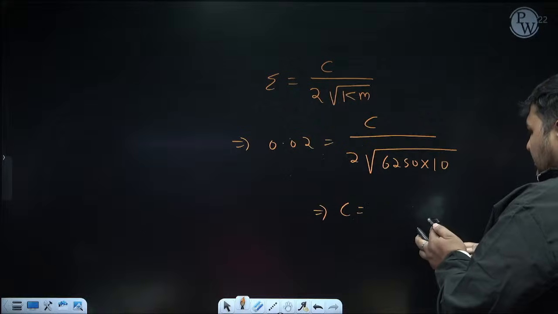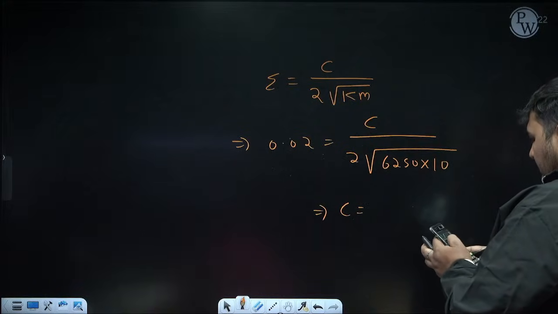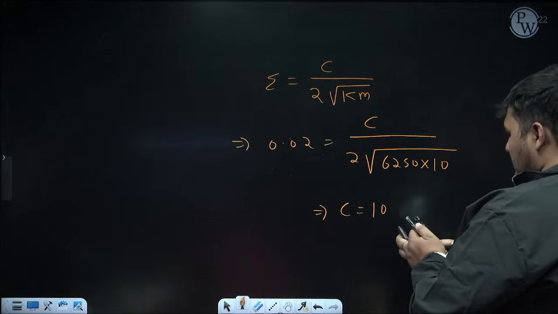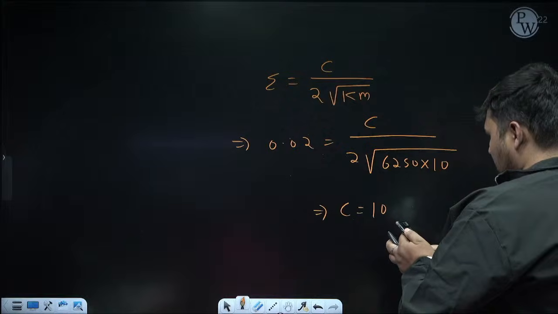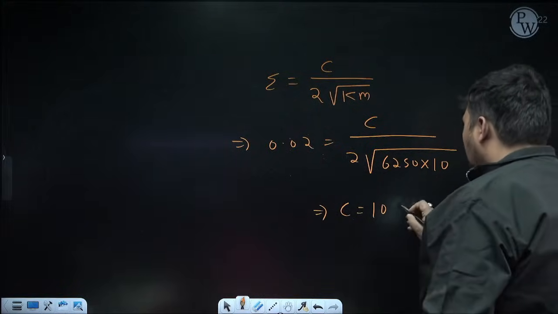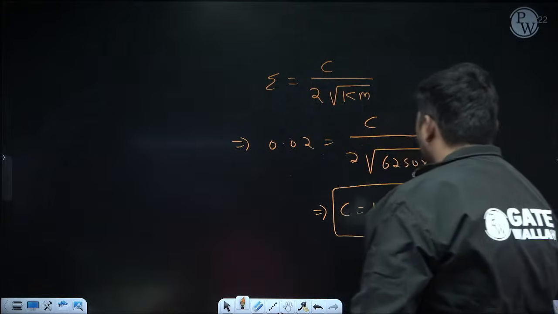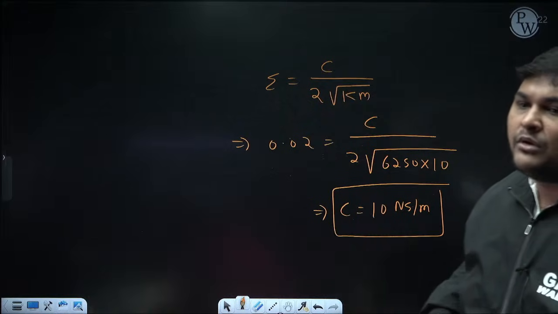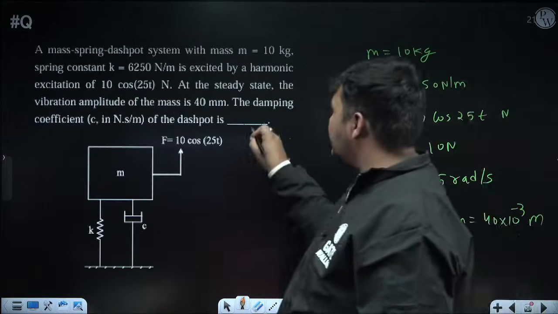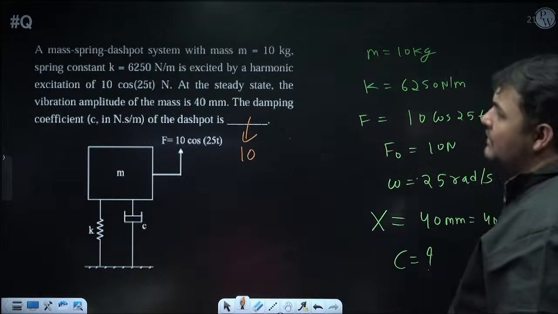It is coming 0.02 into 2 into root 6250 into 10. It is coming 10. Yes, Newton second per meter. So in Newton second per meter, the damping coefficient of the damper is coming 10. The exam is asking Newton second per meter, so for this question the correct answer is 10.